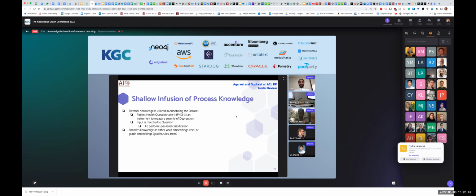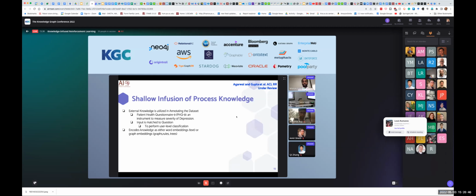Starting with the first, which is a shallow infusion of process knowledge. Here, what we are more excited to share is how you can transform your data in a way that is driven by process knowledge.